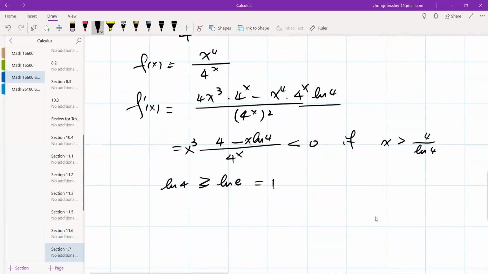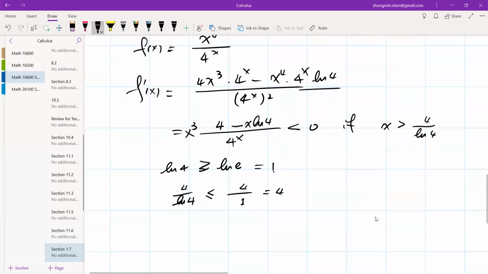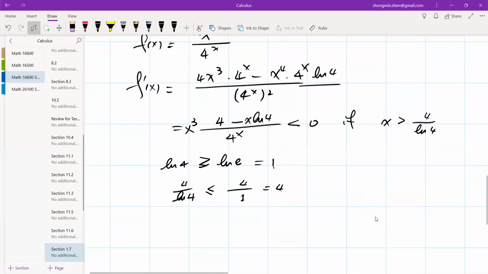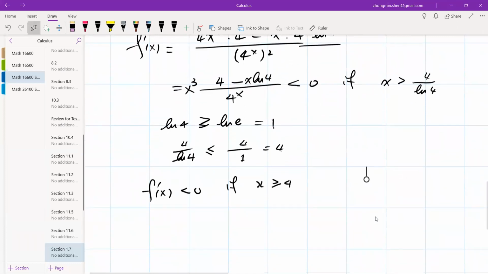That means 4 over natural log of 4 is going to be less than 4 over 1, which is 4. So that means this is always negative if x is greater than or equal to 4, since 4 is greater than 4 over natural log of 4. So that's enough.